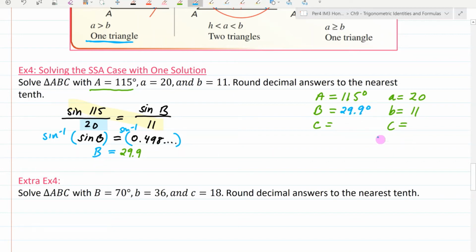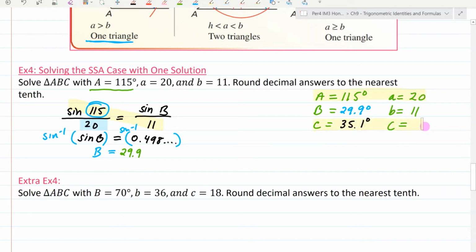Again, I don't have to check for a second triangle because the original angle that they gave me was obtuse, and so therefore I don't have to do that. Now all I have to do is add the 2 angles that I've found so far, subtract them from 180 to get the missing last angle, which is 35.1 degrees. And then to finish off, I'm just going to use law of sines like we did in the previous.